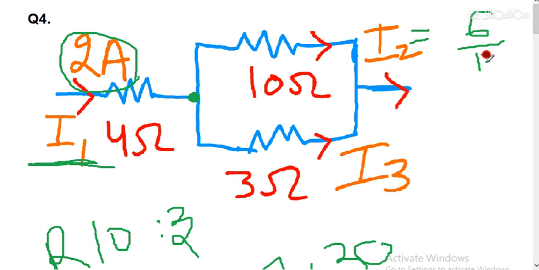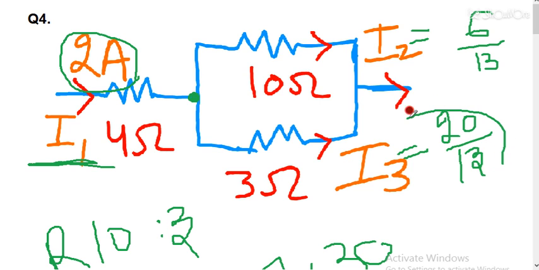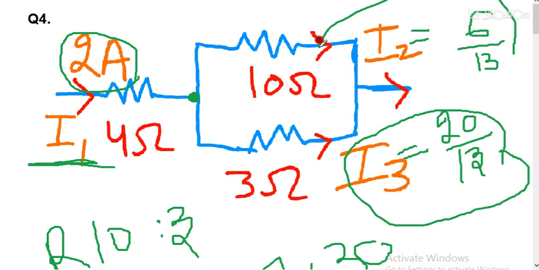And I3 is 10 parts of 2 by 13, so its value is 20 by 13. So students, I hope after this question the concept will be clear to you, how to find the values of current.